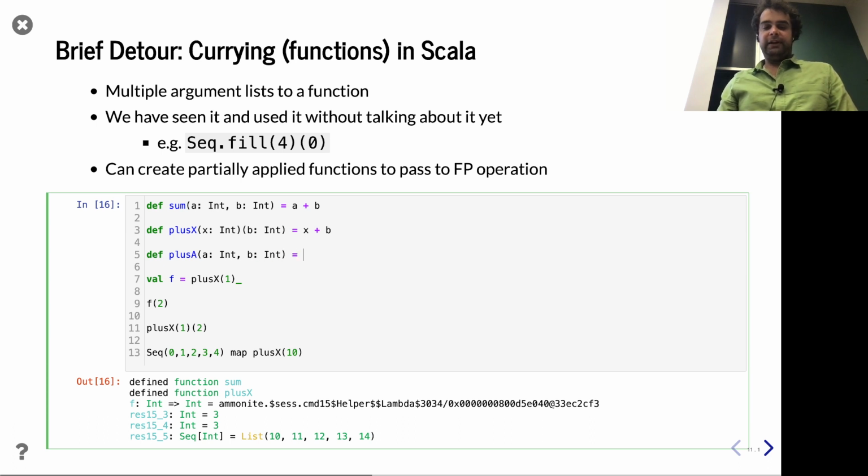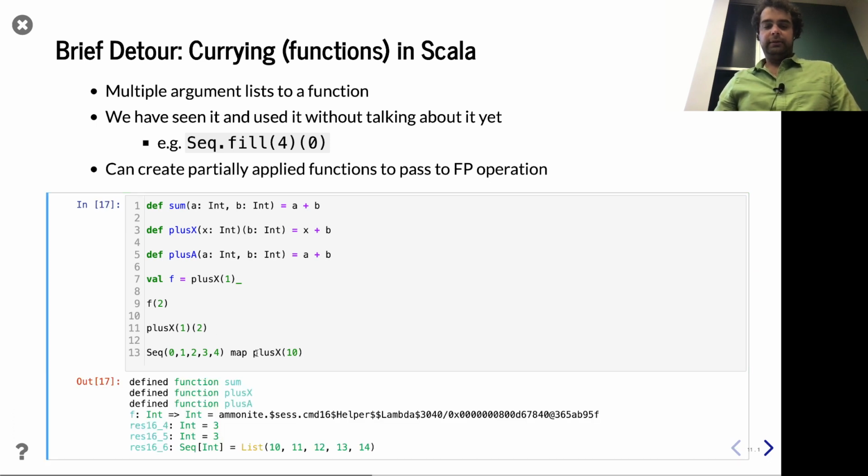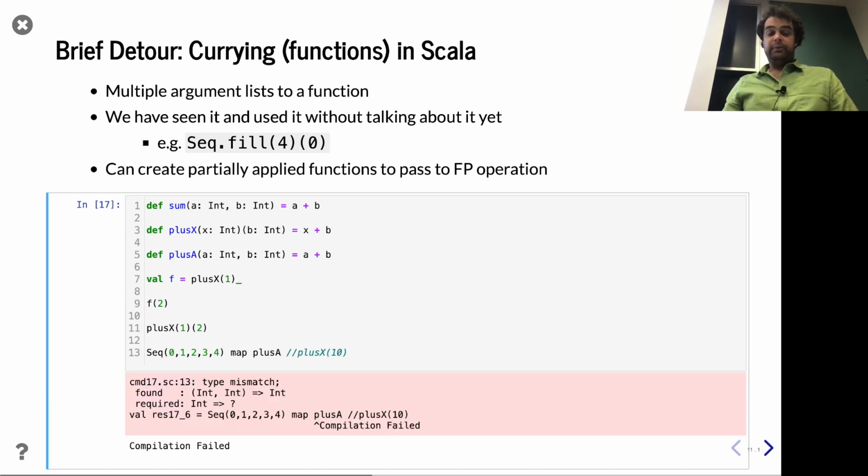So let's say I didn't have the thing above, and I tried to just toss this in down here. What's going to happen? It's going to mismatch, right? Because I have a function that takes in two arguments, and I need one that takes in one. That's what's required for a map operation.